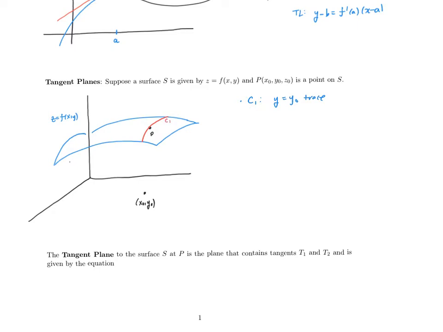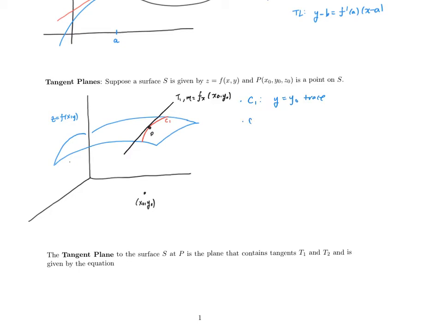We'll call this C1. And the big observation that we made about this curve is that at the point P, in that y equals y naught plane, there is a tangent line. I'm going to call it T1 for tangent line. And the slope of this tangent line is the value of the partial derivative with respect to x at that point (x naught, y naught).